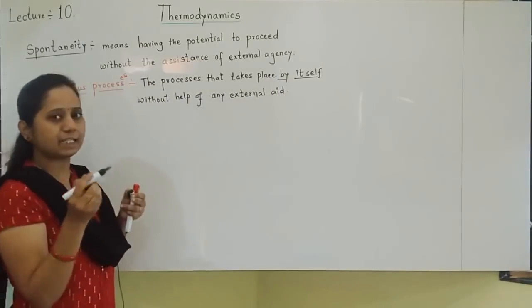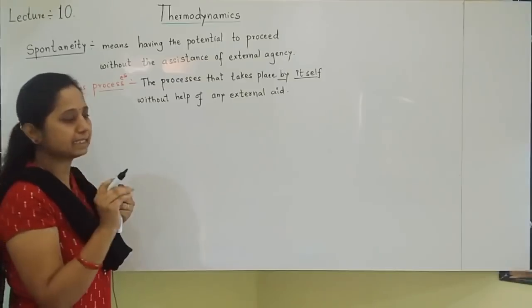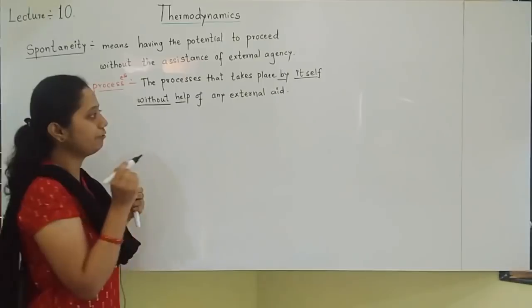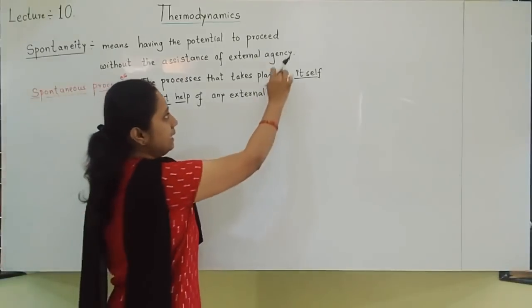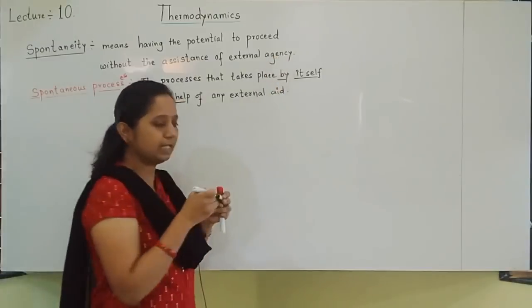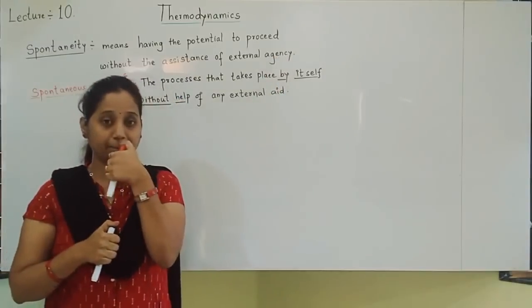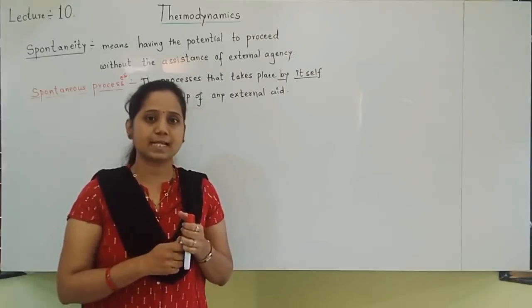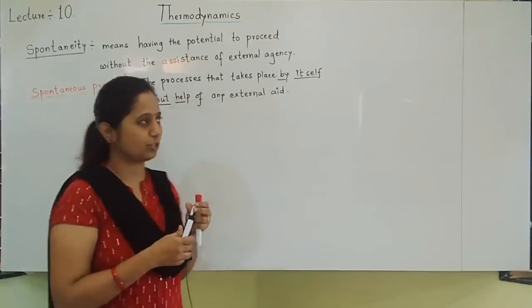The processes that take place on their own, without taking any help of external aid, meaning external agency. If the word aid is difficult, you can use the word agency. Without help, without assistance of any external aid, the processes that take place are called spontaneous processes.